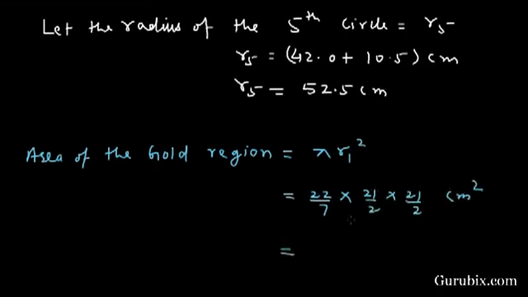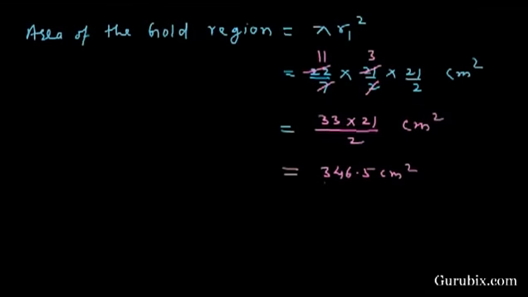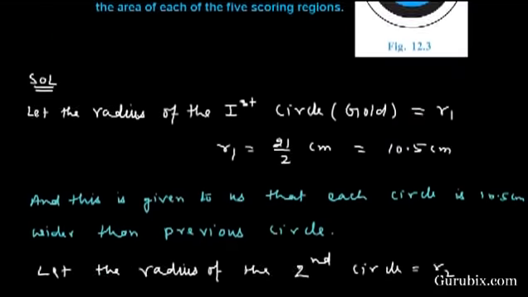We can cancel out 2 with 22 to get 11. This can be divided by 7 to get 3. So here we have 33 times 21 over 2 centimeter square. So this is equal to 346.5 centimeter square.